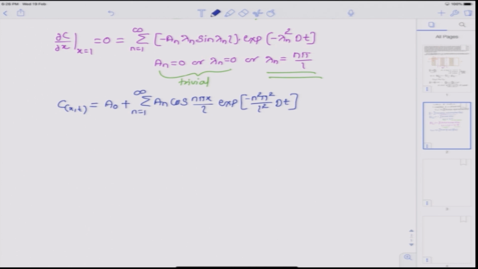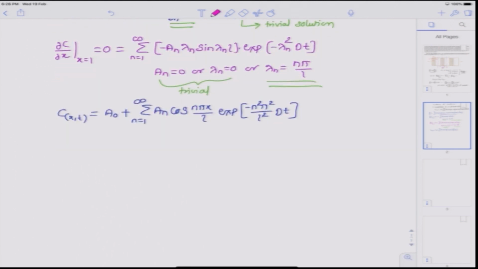In order to get the values of this, we will use the properties of integral of periodic functions, sin n pi x by L, cos n pi x by L and their products. So, let us quickly refresh these properties.